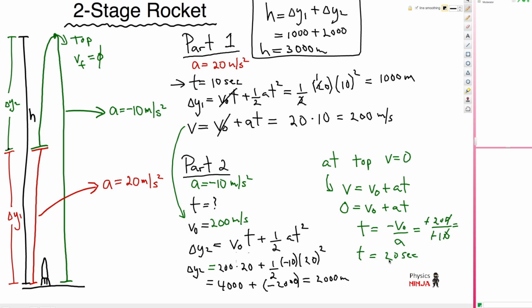For the second part, we calculated it took 20 seconds for the rocket to slow down and to reach the top. So basically it took 30 seconds to go all the way up to the top. So all we have to do now is calculate how much time it takes to go back down. And we know the acceleration during this part of the trajectory. Therefore, it should be pretty straightforward. Okay, so let's go to the next page and calculate the total time.